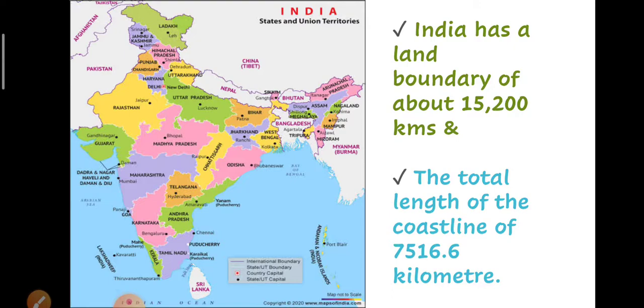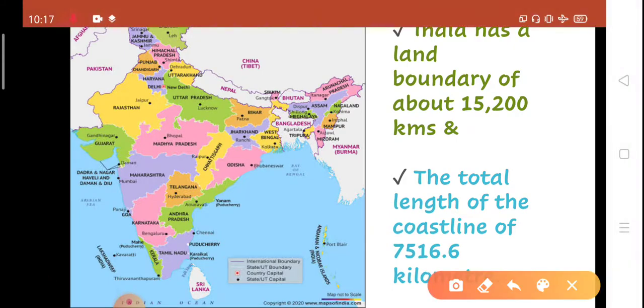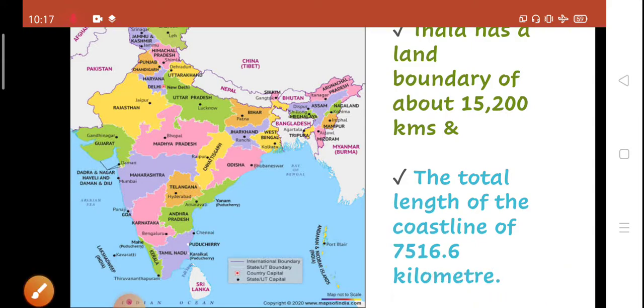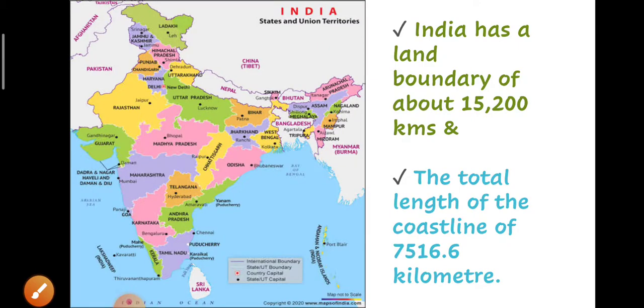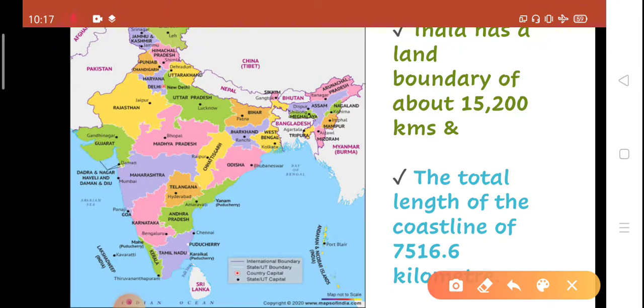India has a land boundary of about 15,200 kilometers. We by mistake moved on to the other slide. We now will mark the land boundary of India. The land boundary of India starts all the way from Gujarat, covering parts of Jammu and Kashmir and then moving all the way to Arunachal Pradesh and Myanmar. The part marked in red is not appropriately marked, but a rough image has been drawn.